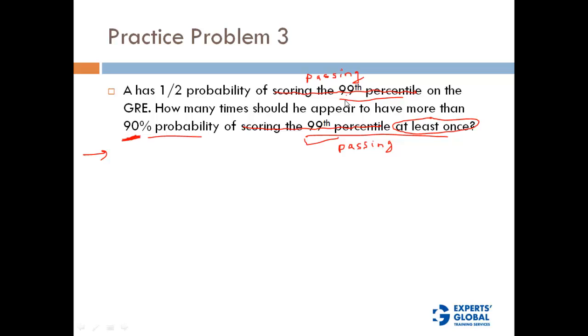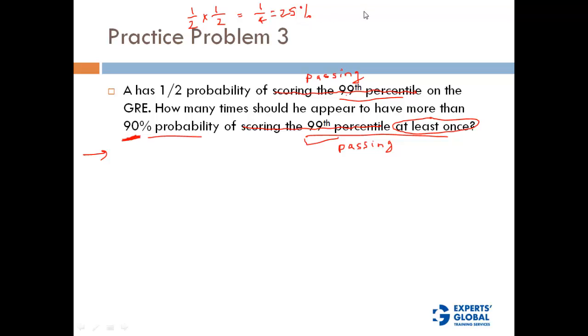Okay, so now A has 50% probability of passing. So every time he takes a test, he has equal chances of passing and failing, right? So now you will see that two times he takes the test and he fails both the times, that probability is going to be, he fails the first time, he also fails the second time, so that is going to be 1 by 4, means 25%.